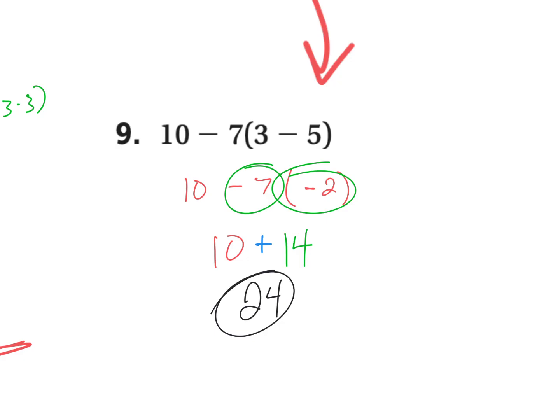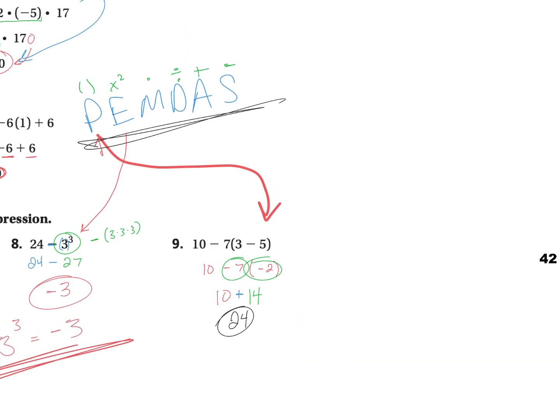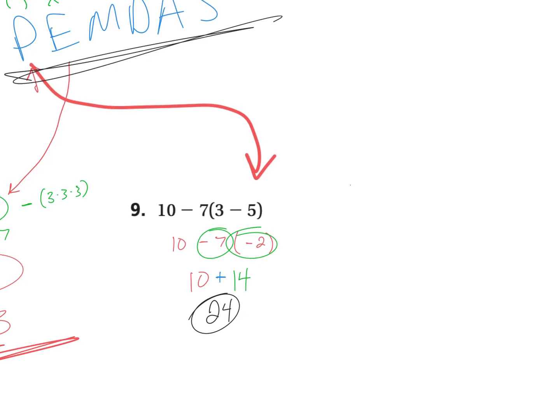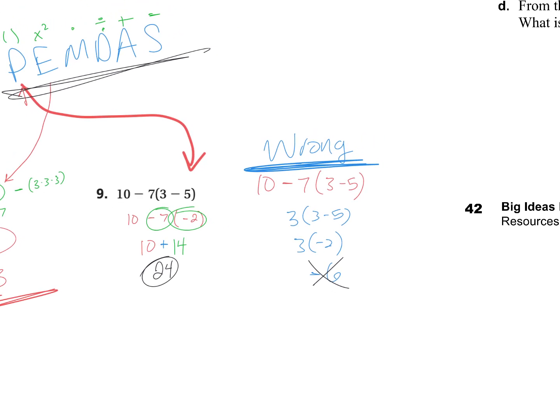Now, you also did have to do this in PEMDAS order. That was important, because let's see if you had not done it in PEMDAS order. Well, first of all, maybe you would have done 10 minus 7, and that's 3. So here, by the way, I'm just going to say this is the wrong way. Wrong, okay? And then you would have been like, oh, okay, well, 3 times negative 2, that's negative 6. Wrong, right? That's one wrong way of doing it.